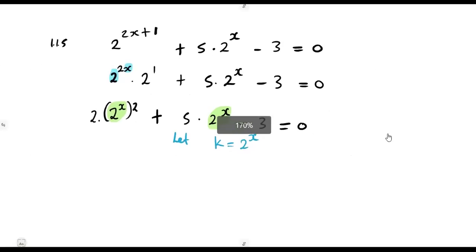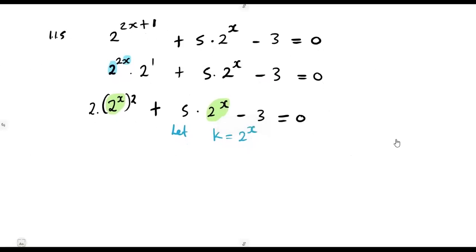So what does it mean? In place of 2 to the exponent of x, we are just going to put a k. There is a 2 outside, so it's 2k squared. Here, you put a k. Close that with your finger and put a k there.